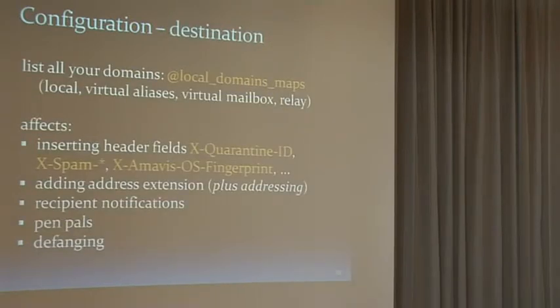Now, this in more detail. Destination, as I said, is determined by the list of all your local domains. And speaking of postfix, that means all these address classes. Don't forget local domains, virtual aliases, virtual mailbox, relay. All of these are your own domains.